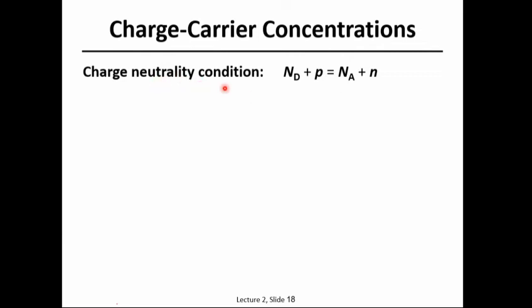But for the charge neutrality equation, you have to recall and remember that ND plus p will always equal NA plus n. So if I'm talking about a material that has donors and acceptors, the donor density plus the holes in the valence band at room temperature is equal to the acceptor density plus the electrons in the conduction band.